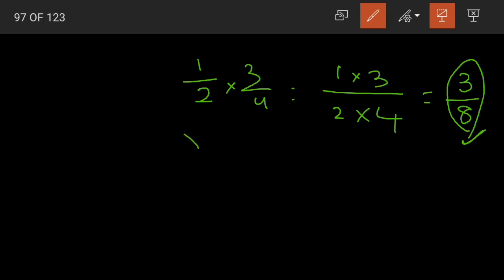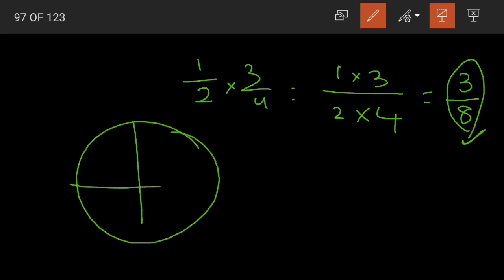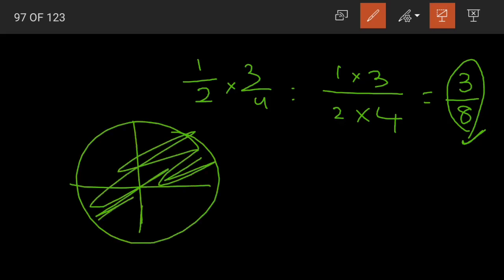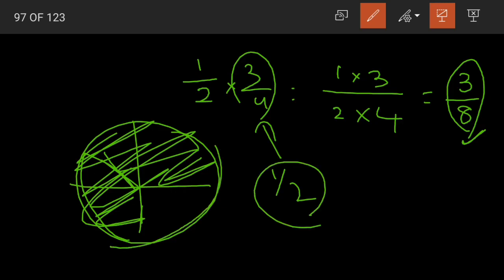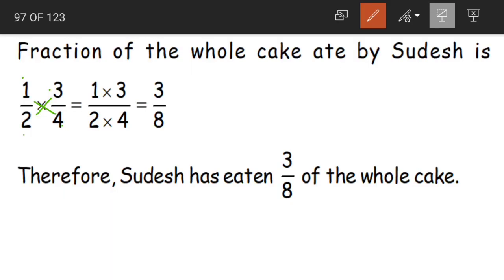Are you understanding the difference? From 3 by 4, he ate only half. So from the fraction that was kept on the table, he ate only half. But if we consider the whole cake, Sudesh had 3 by 8 of the cake.